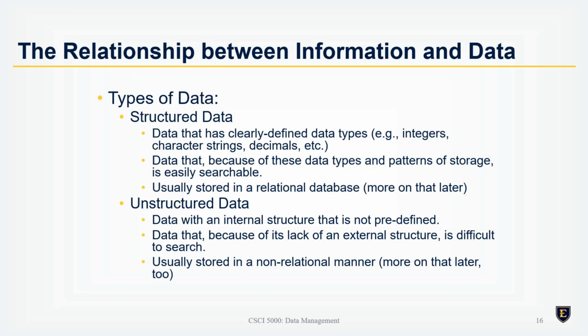And that's usually stored in a non-relational manner, such as a NoSQL database, although it could be stored in a relational database. So generally speaking, structured data is stored in a relational manner, unstructured data is stored in a non-relational manner, although those could cross over a bit.